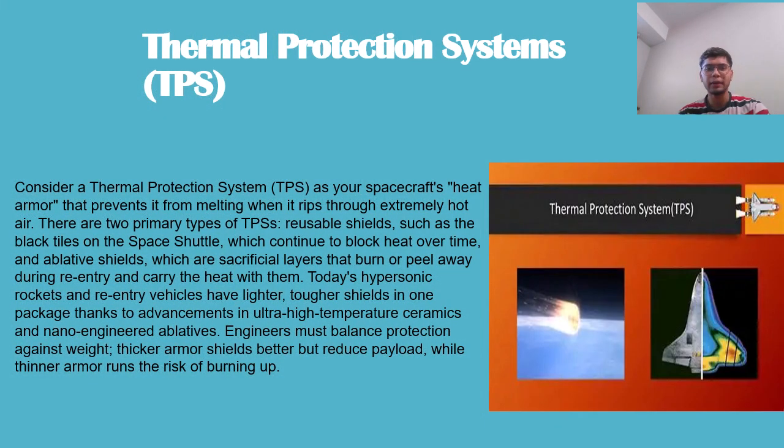The second subtopic is thermal protection system. To survive the extreme temperature during the flight and the re-entry, spacecraft use thermal protection systems. There are two primary types of thermal protection system.